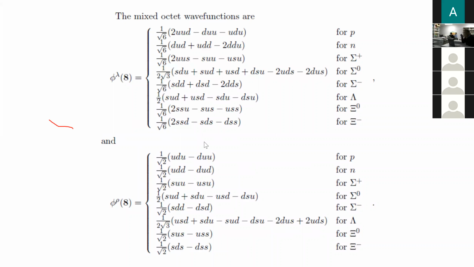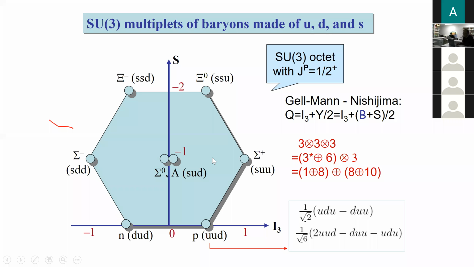So we can construct the lambda type octet or rho type octet. For the proton and neutron, you can see for the lambda type, when you interchange the first two, this is symmetric. And for the neutron, similarly, you have a symmetric wave function. And for the rho type, the proton wave function becomes antisymmetric in flavor, and the neutron also antisymmetric. So we are going to use all these wave functions to construct a total wave function.